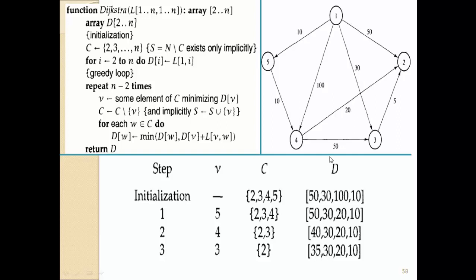If you want to reach from 1 to 3, then we have one path that may be a direct path, that is 30. And if you want to reach from 1 to 4, there is one path using which we can reach, that is 10 plus 10, that is 1 to 5 and 5 to 4.